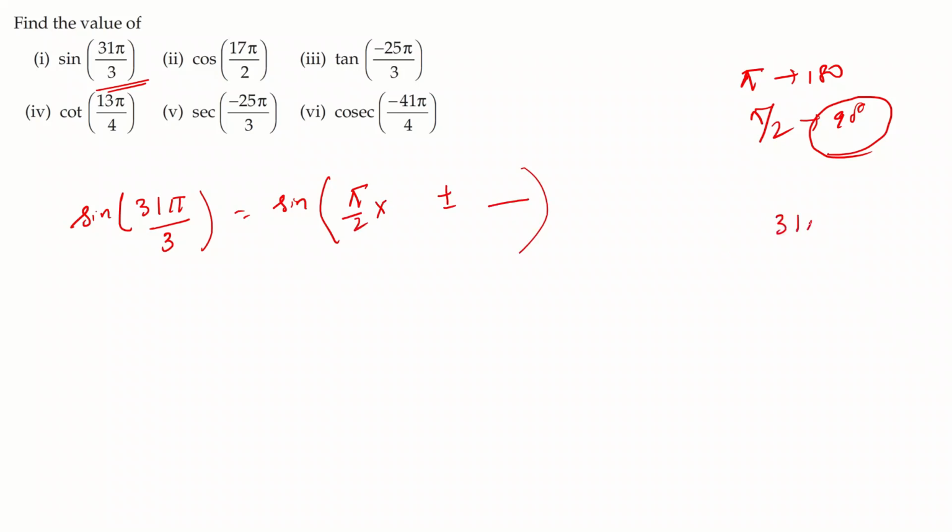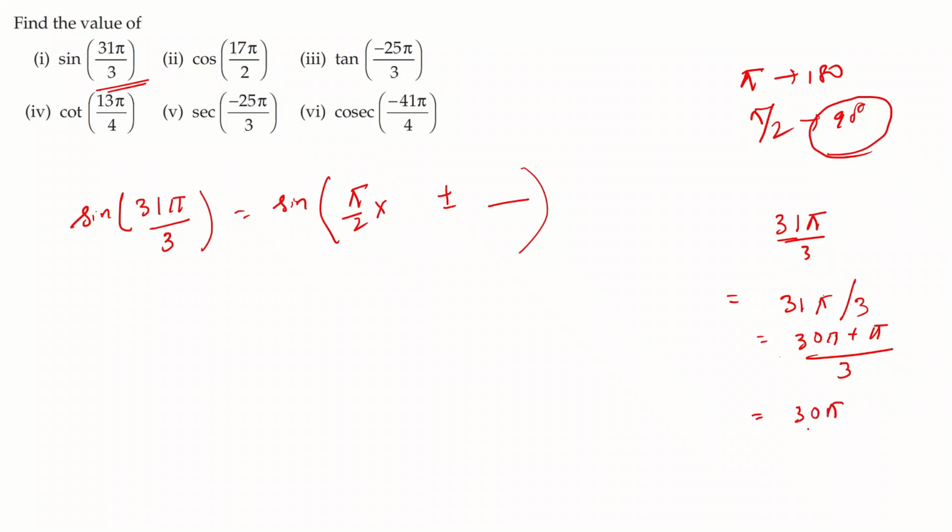So 31 pi divided by 3, right? You write this 31 pi as 30 pi plus pi, and then we have the whole divided by 3 over here. So the whole point is that I want these first two things to get cancelled out.